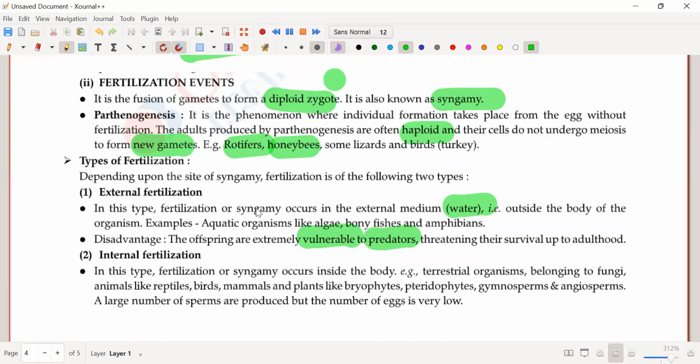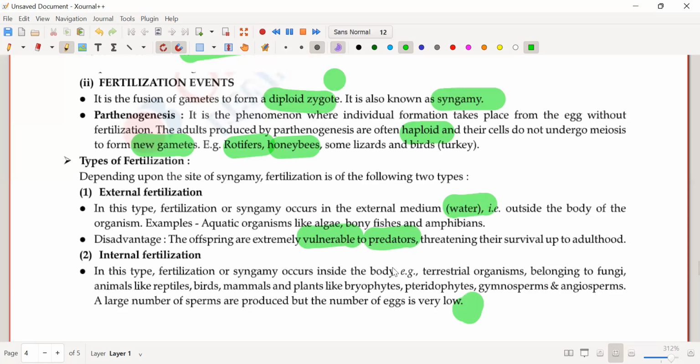What is internal fertilization? In this type, fertilization or syngamy occurs inside the body. Examples: terrestrial organisms belonging to fungi, animals like reptiles, birds, mammals, and plants like bryophytes, pteridophytes, gymnosperms, and angiosperms. A large number of sperms are produced, but the number of eggs is very low.